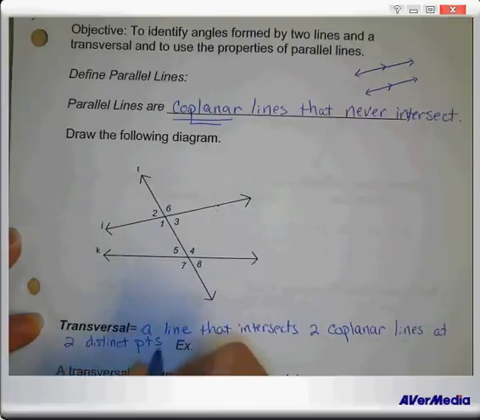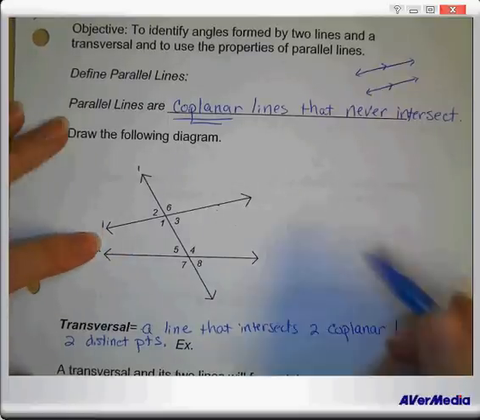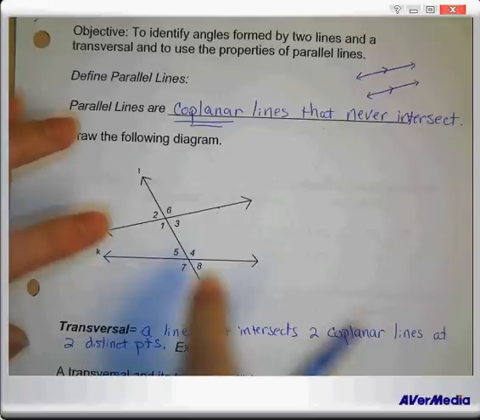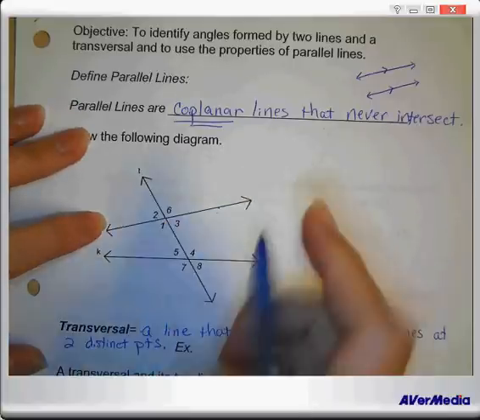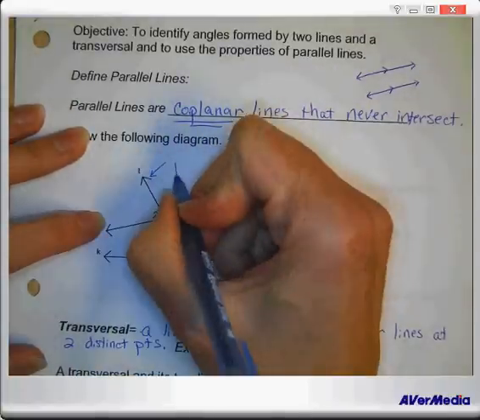And I'm going to abbreviate points there to give room. So basically, if I was looking at this diagram up above, that means line T intersects 2 coplanar lines at 2 distinct points. T is your transversal.